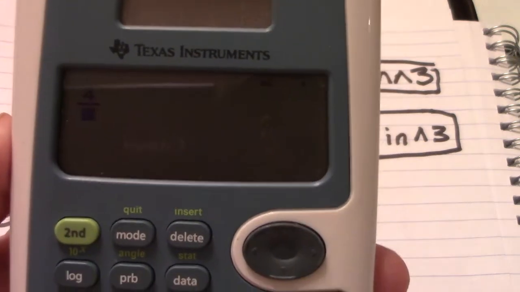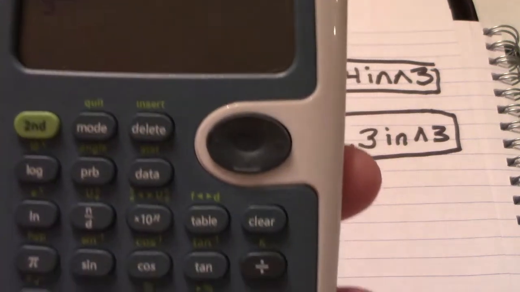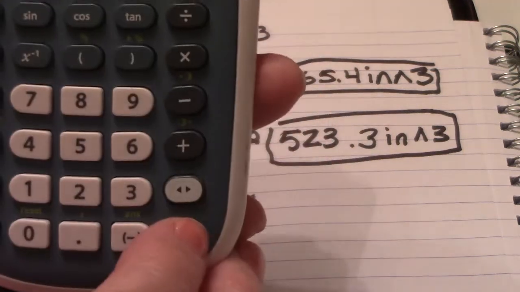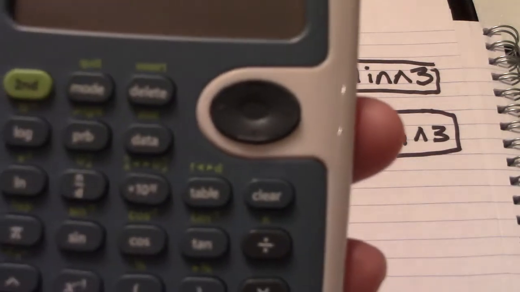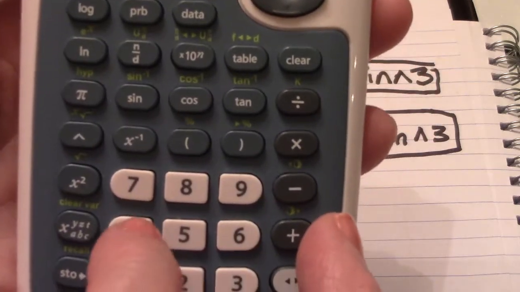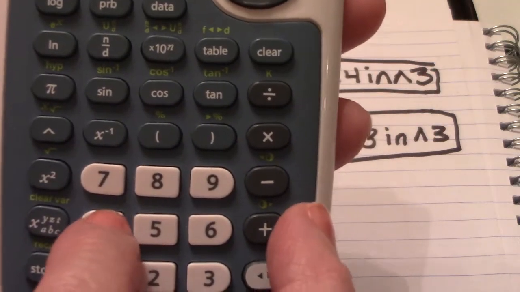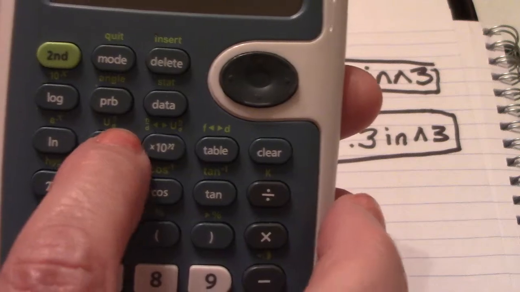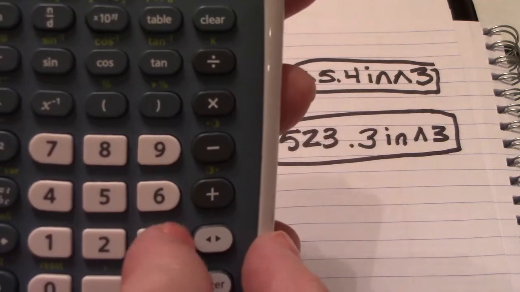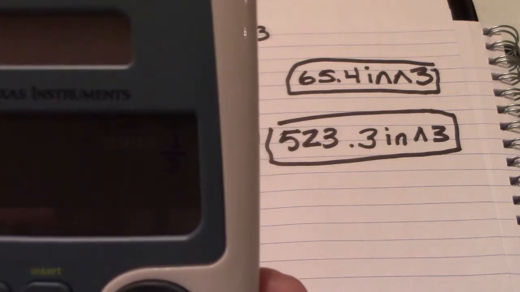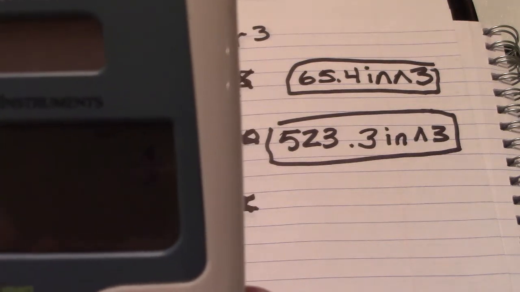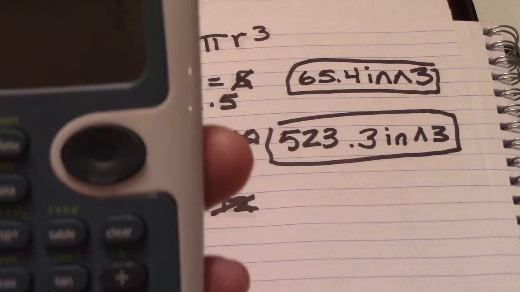Now you see the denominator's blinking. 3, and then I hit enter. See? I get 4/3. Or a little faster technique, you just start right off the bat with the numerator, then hit the fraction button, then hit the denominator, enter, and you still get your 4/3. Sorry about the glare, this is the best I can do.